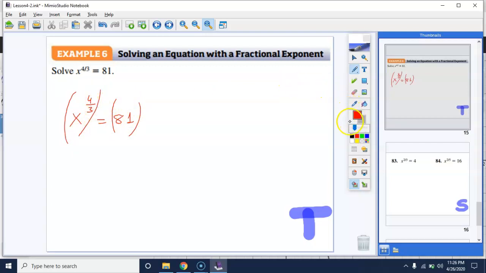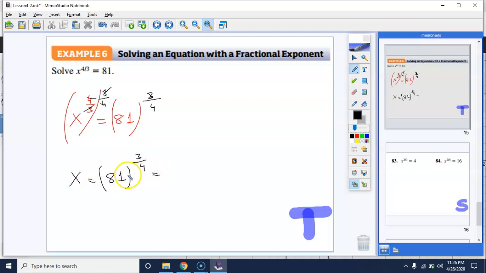Remember earlier, if you have another exponent here, we multiply them. So I go with the reciprocal, 3 over 4, and I have to be fair: whatever I do here, I do the same thing over here. If I multiply those, they will cancel each other. So I get x alone here. Now 81 to the power 3 over 4.